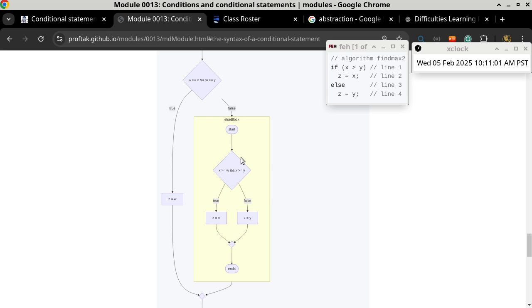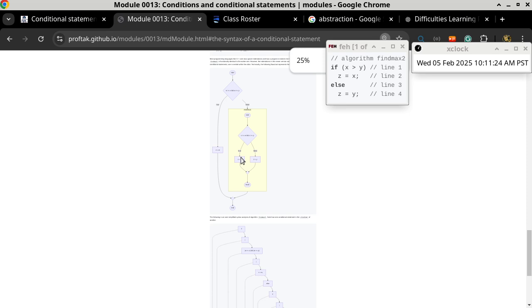So from the outer block perspective, what is after the false here? We're expecting something to do, which is a statement. What statement are we expecting? It can be an assignment statement, but it can also be a conditional statement itself. So this is where we contain an entire conditional statement as the else branch of yet a bigger conditional statement. So the entire picture, let me zoom all the way out.